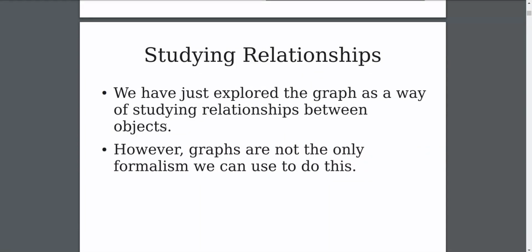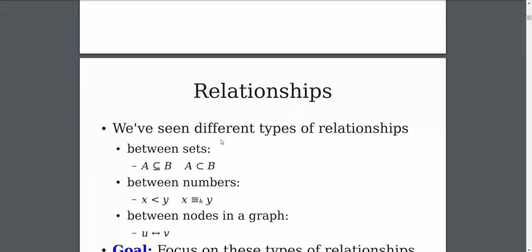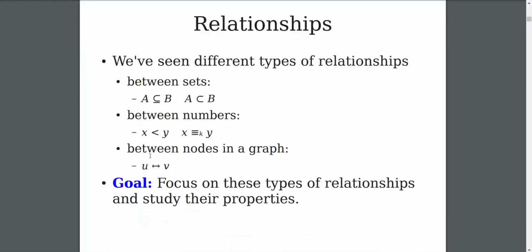I just explored the graph as a way of studying relations between two objects. However, graphs are not the only formalism we can use to do this. We have seen different types of relationships between sets.